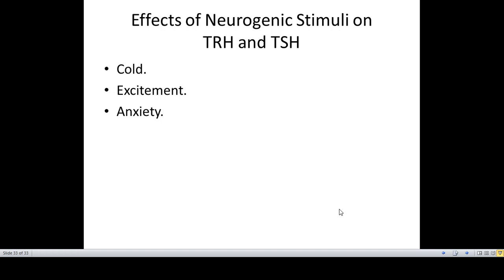Cold causes the hypothalamus to increase the secretion of thyrotropin-releasing hormone and thyroid stimulating hormone, while excitement and anxiety cause a decrease in their secretion because of the activation of the sympathetic nervous system.